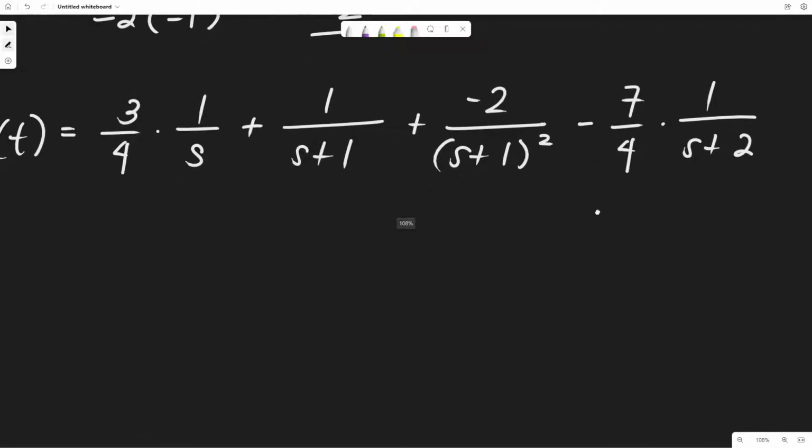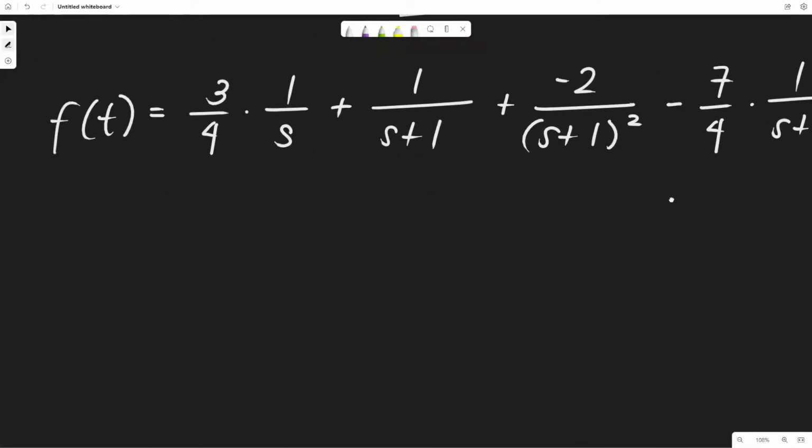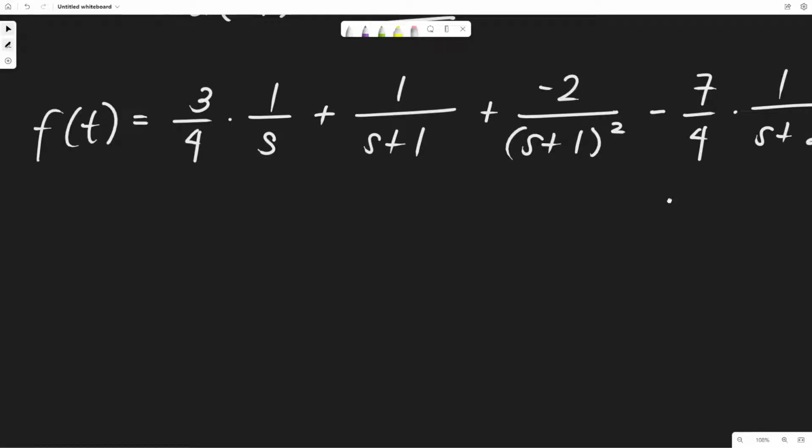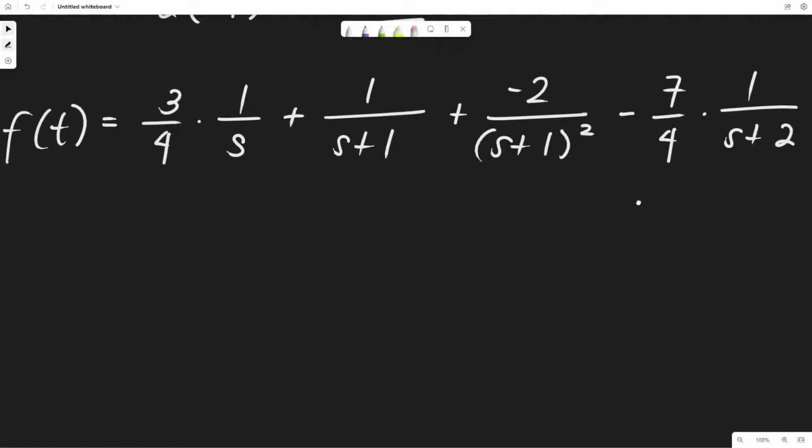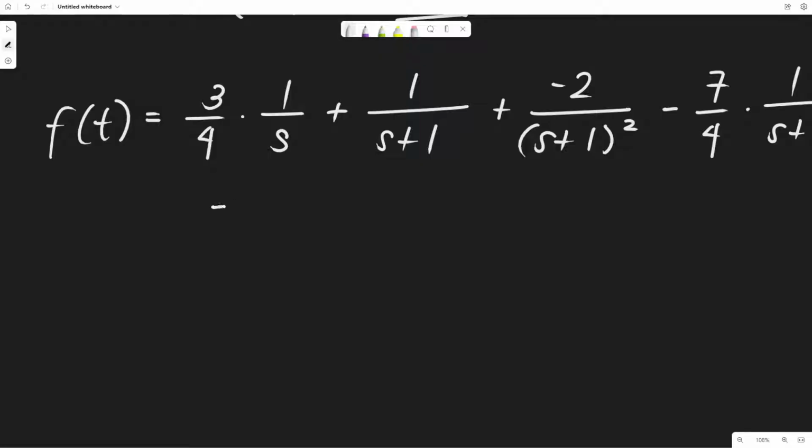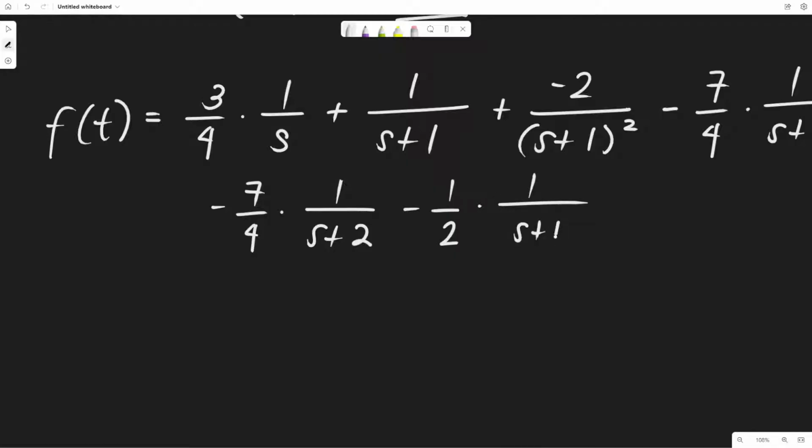And we have, lagay ko na lang dito sa baba. Usog ko na lang. Minus 7 over 4 times 1 over s plus 2. Then yung last natin for letter E, we have negative 1 half. Diba? Multiplied to 1 over s plus 1 quantity squared.